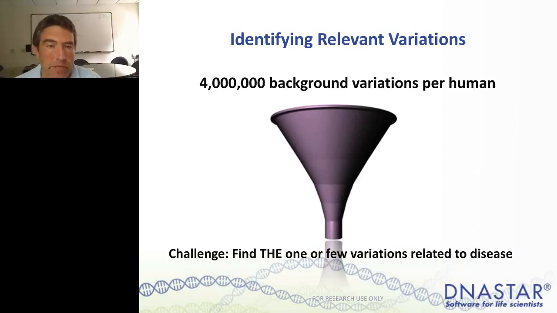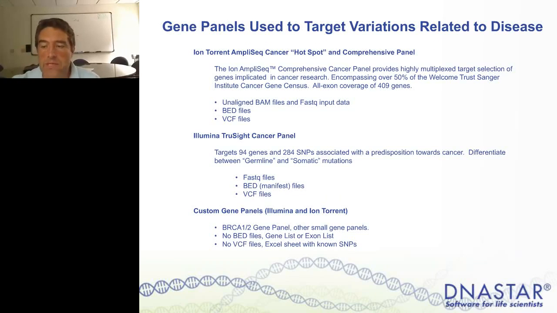So it becomes a really big challenge, filtering out the things that you aren't interested in to find just those few variations that are related to disease. So you have to have a great degree of accuracy. You want to make sure that you can actually separate that signal from the noise. So accuracy really becomes more and more important with these kinds of workflows.